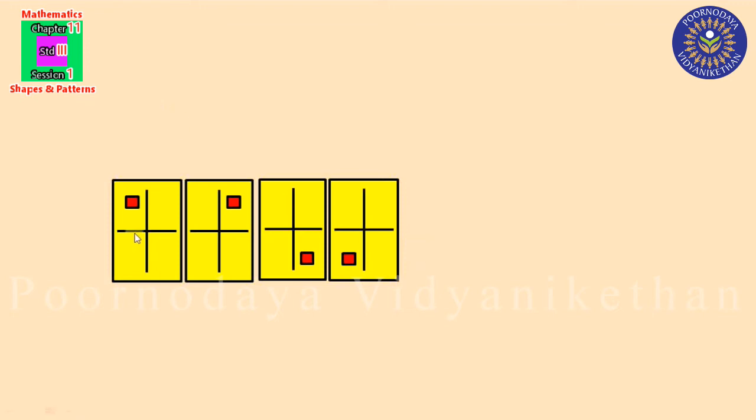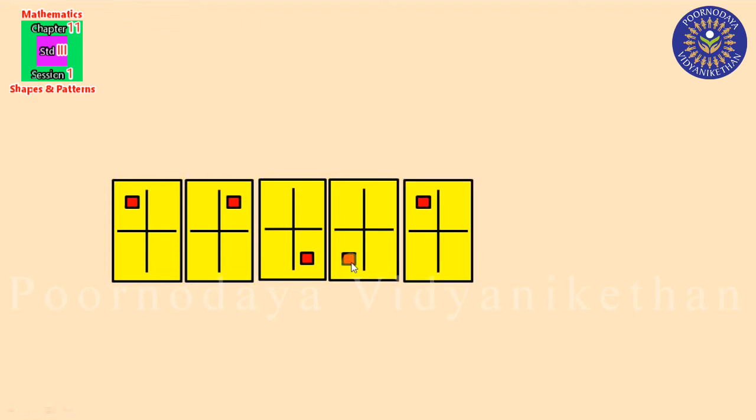Now it's a pattern. Clear? Now, look at the pattern. A plus sign and a rectangle on the right top. Here, a plus sign and a rectangle on the left top. In the third figure, a plus sign and a rectangle on the left down. In the fourth figure, a plus sign and a rectangle on the right down.